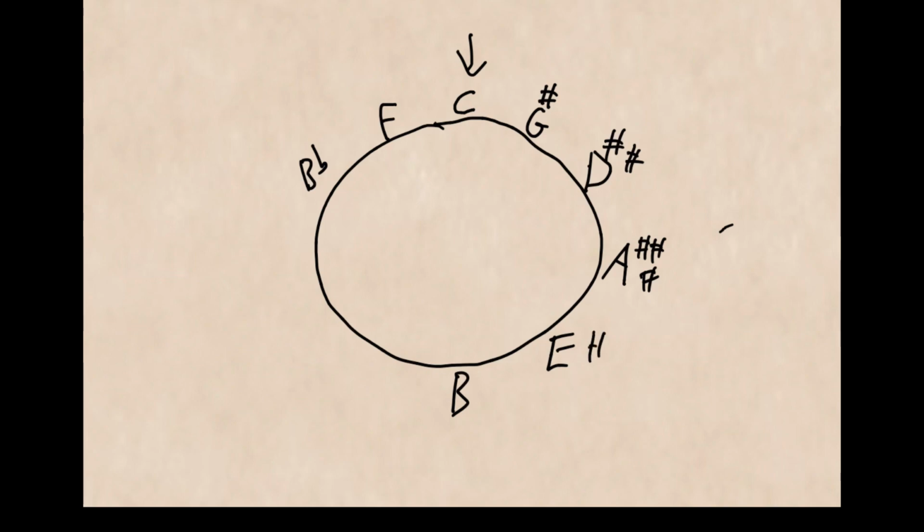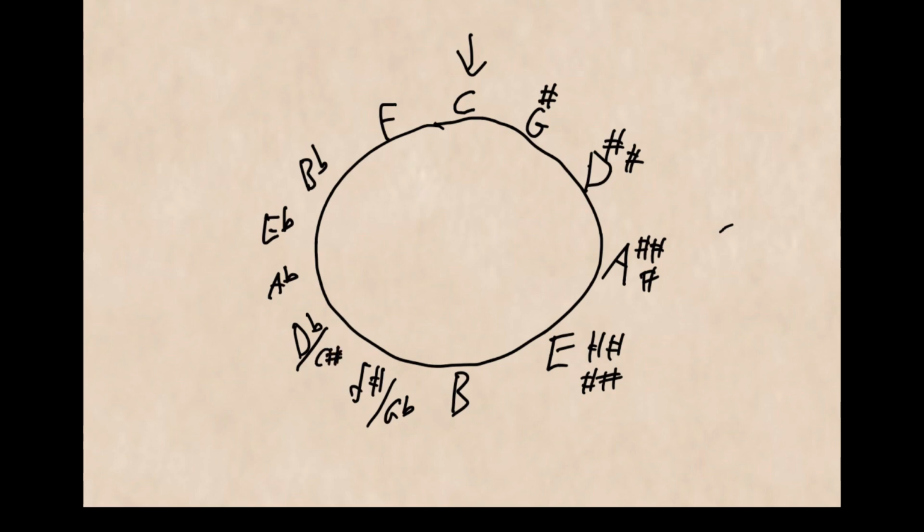So this is 4 sharps, 5 sharps, and so forth. Then you get over here. Whoops, I might not have drawn this exactly correctly. And then F sharp, which is also G flat. And then you have D flat, A flat, E flat. And this is D flat, C sharp.